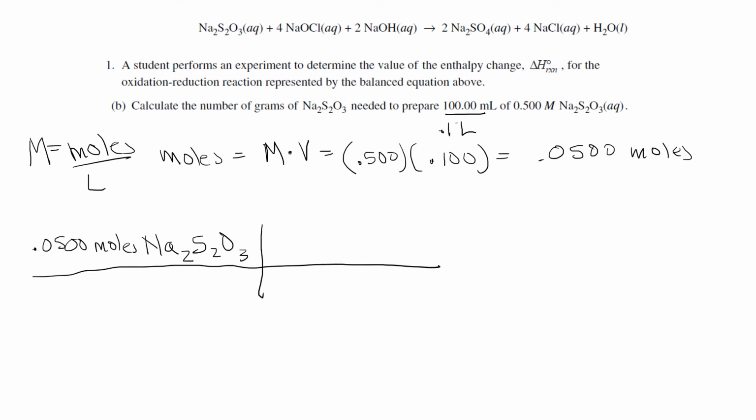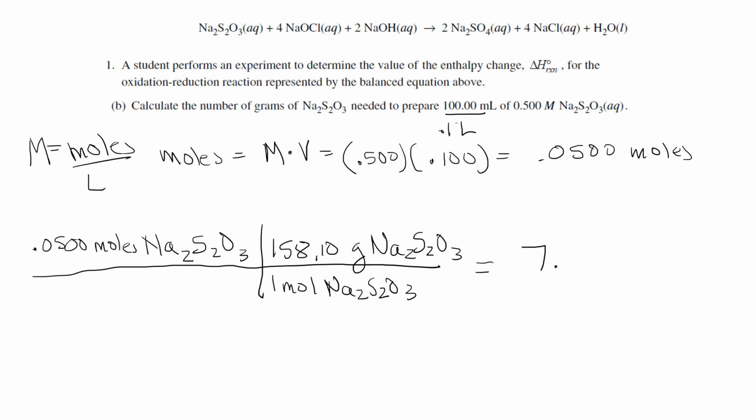And I'm going to multiply that by the molar mass. So I know that 1 mole of this compound is equal to 158.10 grams. And I'm not figuring that out on this slide, but you should know how to do that. And when I do the multiplication, it should be equal to 7.9 grams.